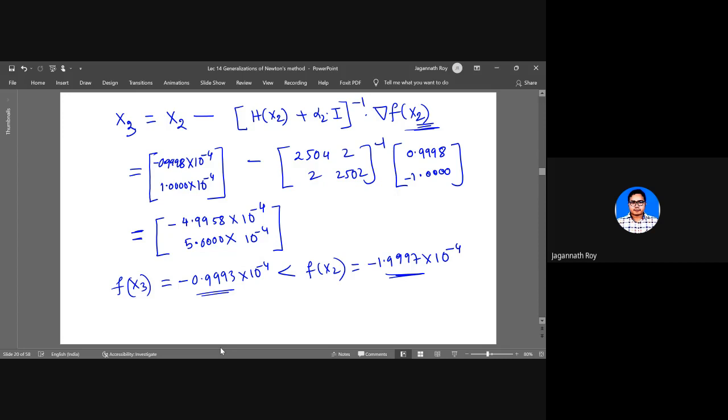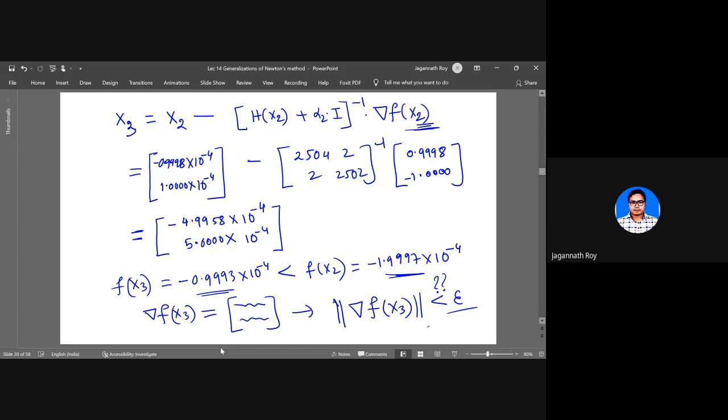Now what we have to do, we'll try to find the gradient of f at x3, whatever the value, we'll calculate. Next, we'll try to find out the norm of it, and check if it is less than epsilon or not.